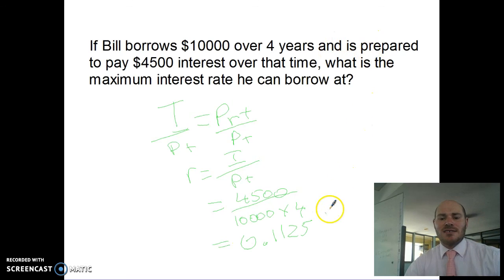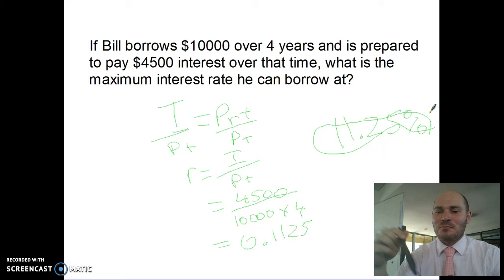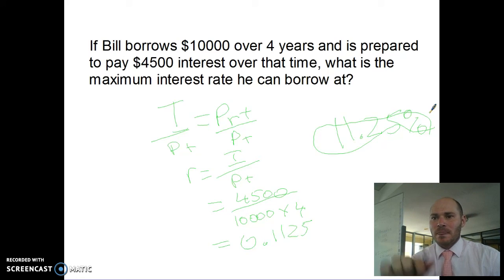Now, that's as a decimal, so just as I went from a percentage to a decimal by jumping 2 places to the left, this time, going back the other way, I'm going to jump 2 places to the right, and my answer is going to be 11.25%. I would write that as a sentence: Bill can borrow, find a bank offering up to 11.25%.